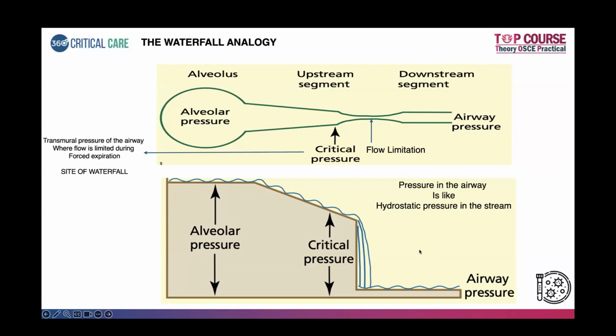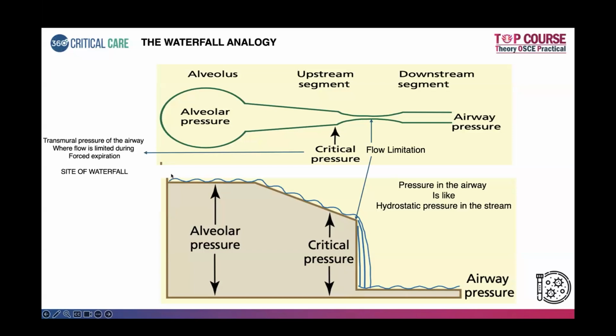So this is the second part of it. As you can see, this is the flow limitation, as I said, in relation to the critical pressure at the area where there is a narrowing of the bronchioles. And this is in relation to the waterfall picture that is seen over here. I hope this part is clear.